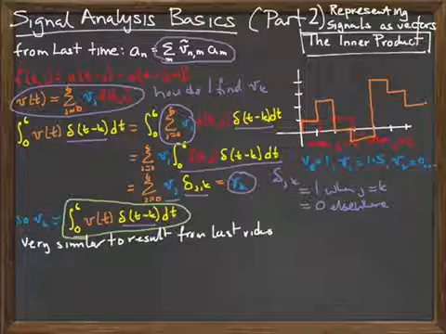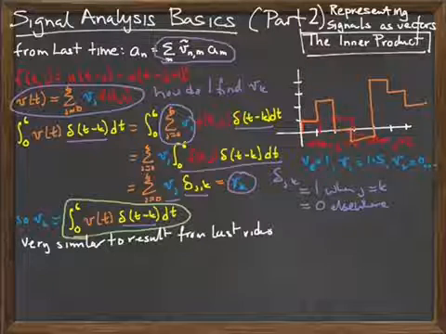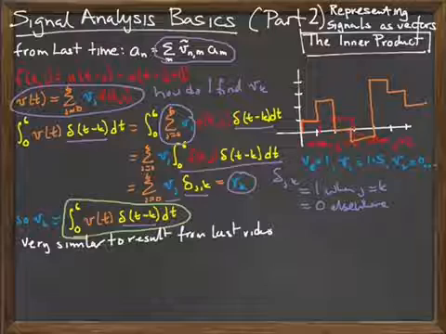This is a very important operation known as the inner product, where it's very similar to the dot product, where you dot two functions together to be able to get a completely new function.